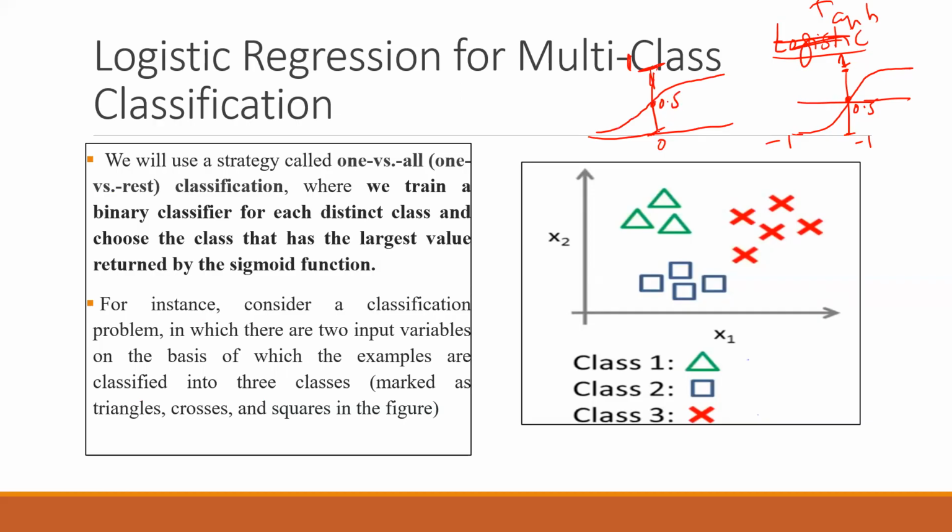When we do the prediction, 0.5 is the threshold value here. If the value is less than 0.5, the output will be 0, and the output will be 1 if the value of the function is greater than 0.5. This is the logistic, or sigmoid, function.